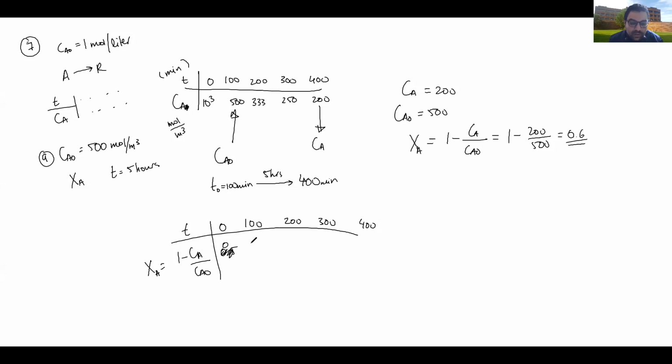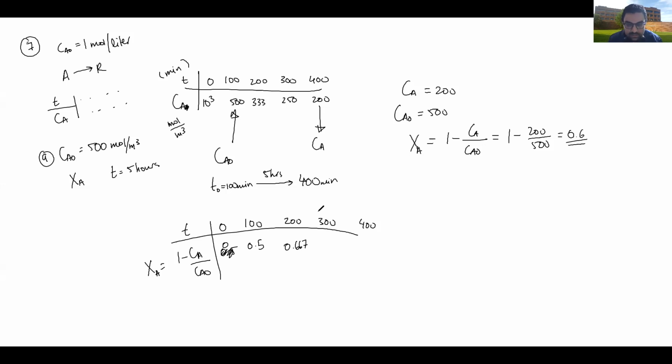X here is 0, X here is 0.5. X in this case will be 333 divided by 1,000. 1 minus answer will be basically 0.667.